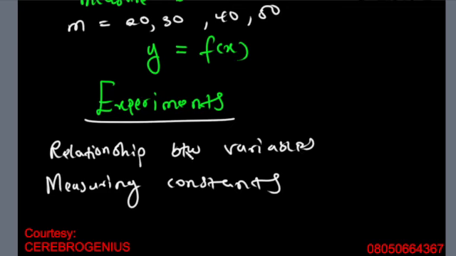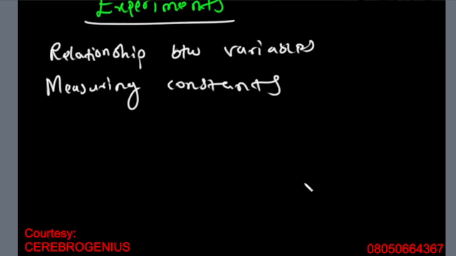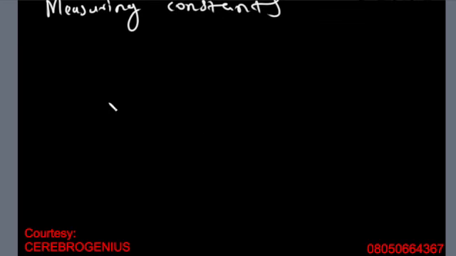So you are given length, you are determining the period. That's what? Relationship between two variables. Then you measure the value of g, which is what? A constant. So your experiment can come in various formats, but that is always how the experiment looks. Now whenever you perform an experiment, you are given a list of what? Independent variables.